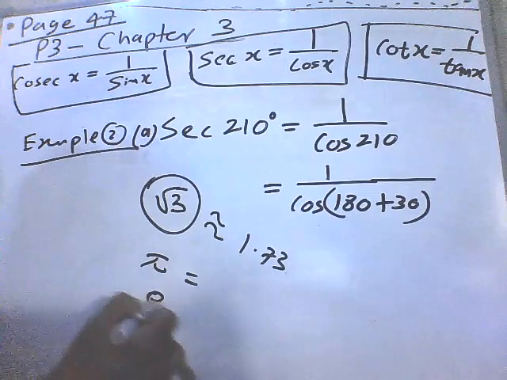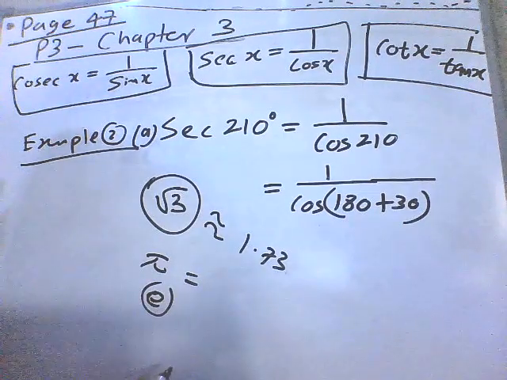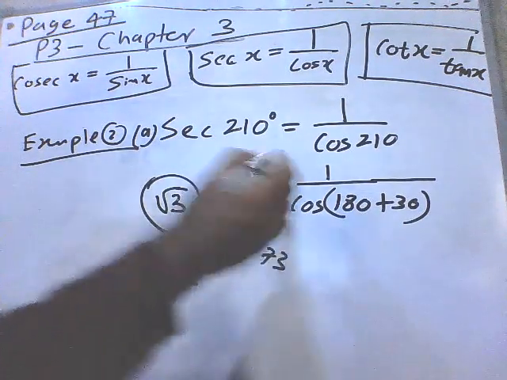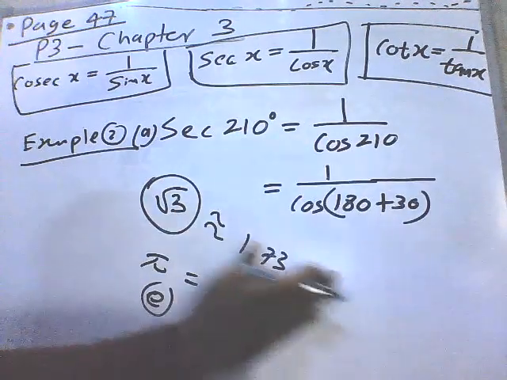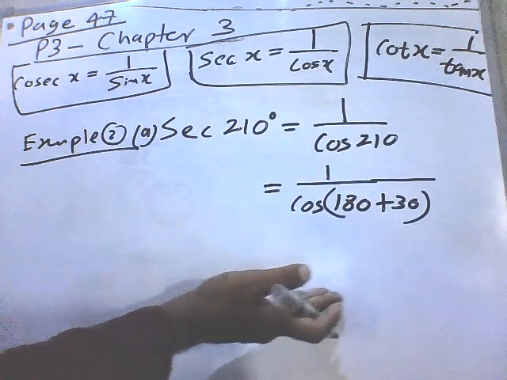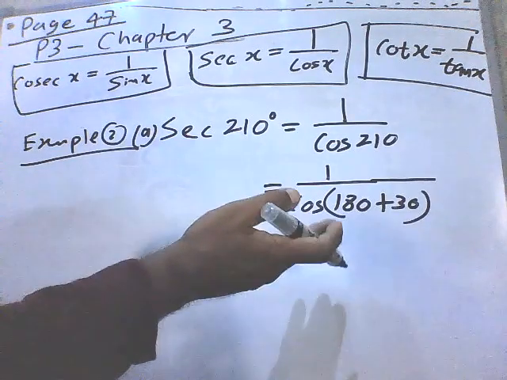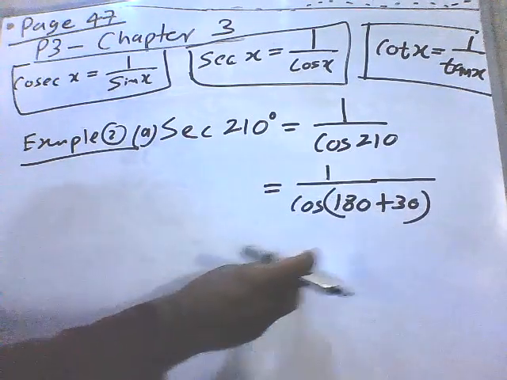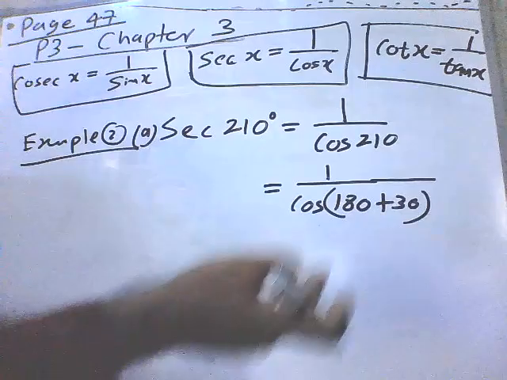E, the symbol, is also an exact value. So in this case they are asking us to find the exact value. If it gives 1 or 2 or 3, that's all right, but you should be able to give the final answer in the form of root or pi.